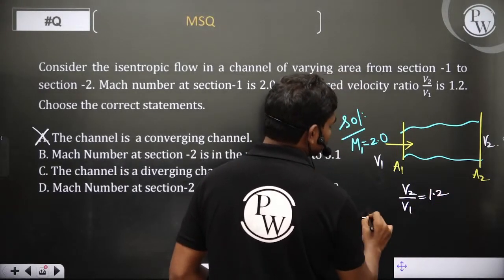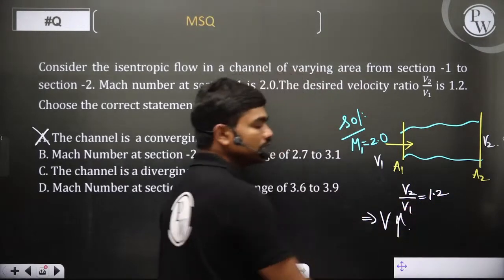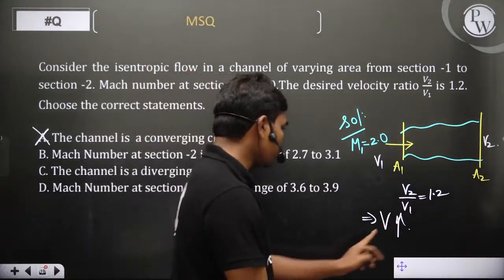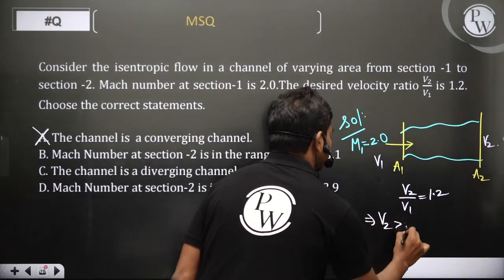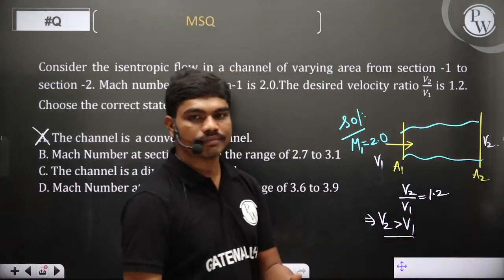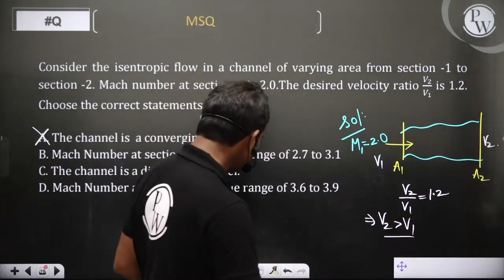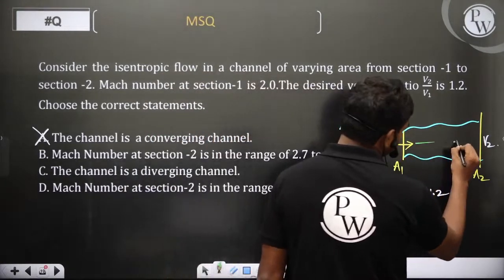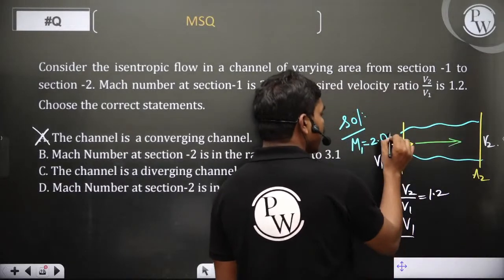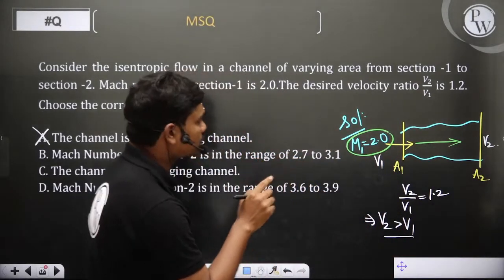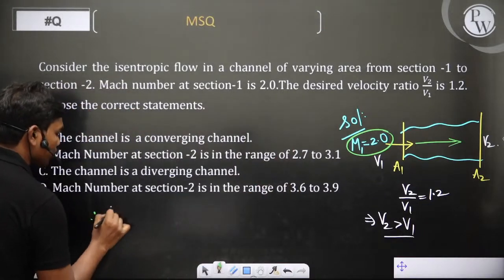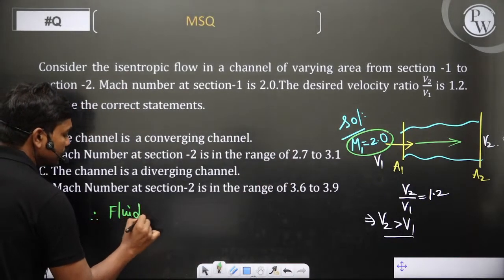So this implies velocity increases. V2 is greater than V1, that means the fluid is accelerating in this case. So the fluid is accelerating, and here at the inlet, this is a supersonic flow. Therefore, fluid is accelerating at supersonic.